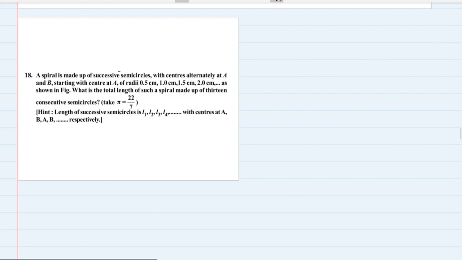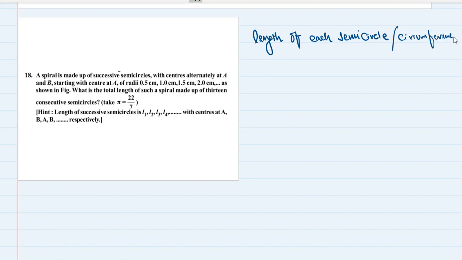Okay, see, this is very simple. We know that the length of each semicircle, that is the circumference, is equal to 2 pi r by 2, which is equal to pi r.